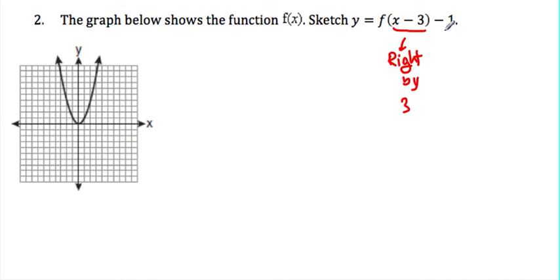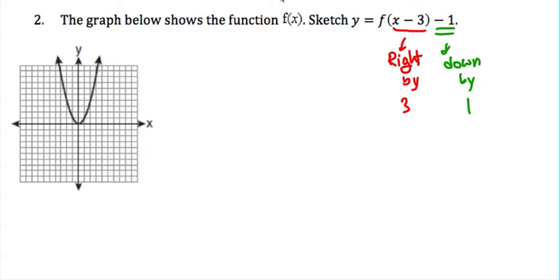On the other hand, after the calculation we are reducing the results by 1. In other words, we're going to move the values of y down by 1.